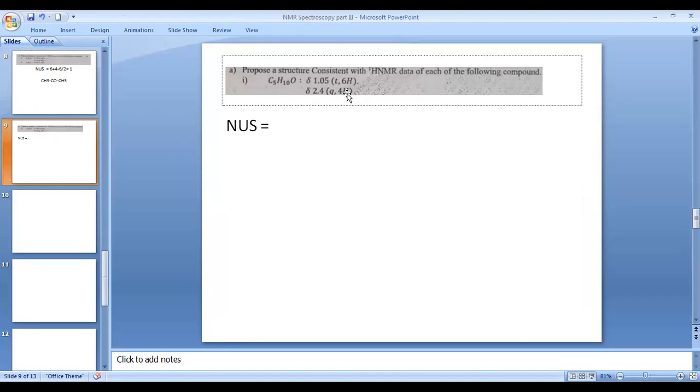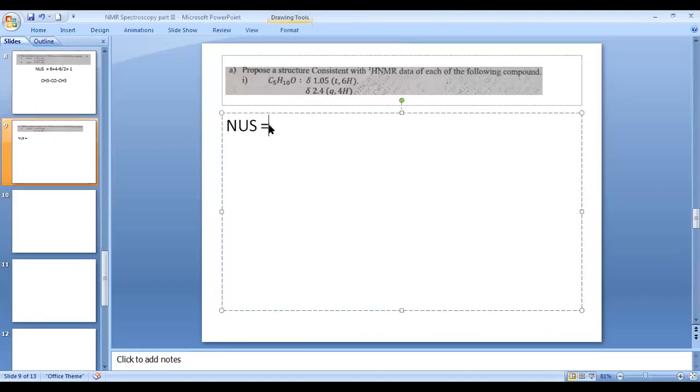C5H10O. Okay, now you calculate the number of unsaturations here. C5H10O. You calculate the number of unsaturations here.